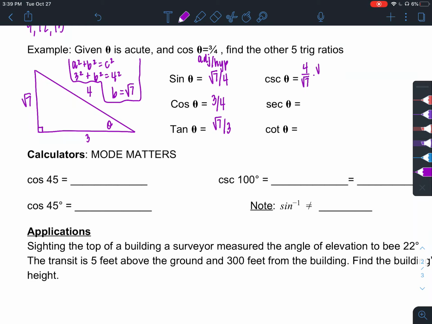No radicals in the denominator, so multiply by radical 7 over radical 7 to get 4 radical 7 in the numerator, and then radical 7 times radical 7 is just 7. Doesn't simplify down anymore. Secant, flip that fraction, we get 4 over 3, and then tangent, 3 over radical 7. Got to simplify that, and so we get 3 radical 7 over 7.